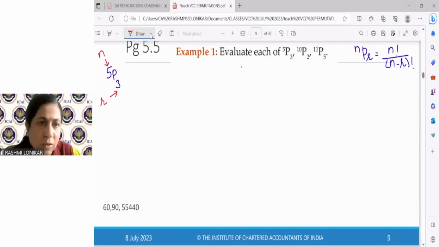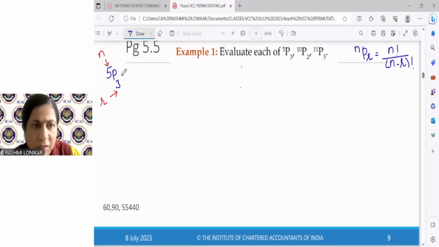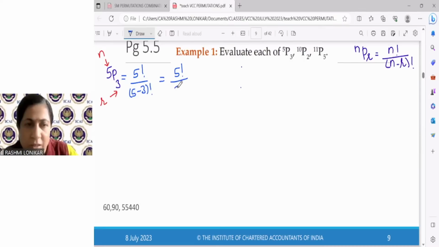So once I know that, what do I write? 5P3 is equal to 5 factorial upon (n minus r), so this will be (5 minus 3) factorial. So BODMAS, I solve the bracket first. So this is 5 factorial upon (5 minus 3), which is 2 factorial.